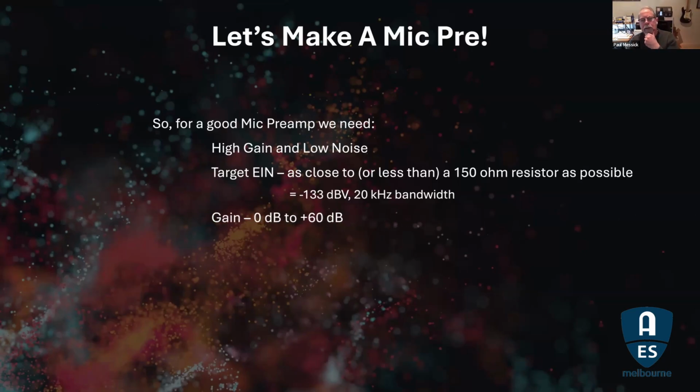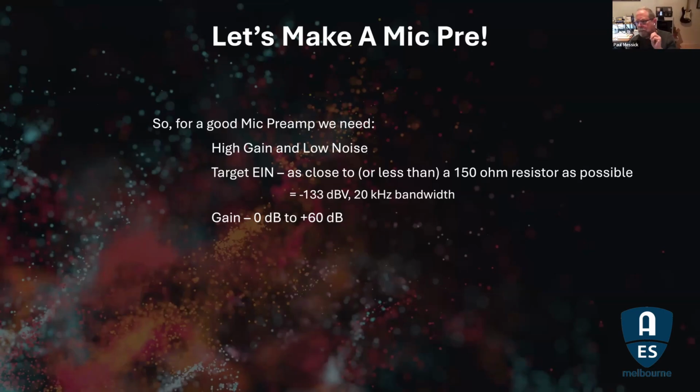Need a gain. I'm going to design one here that goes from 0 dB to 60 dB. 60 dB is a pretty reasonable amount. That's a gain of 1,000. Most mic pre's that you find that have a knob on the front will not go down to 0 dB, which is why they have that pad on the front. They will go down to say 9 or 10 dB.